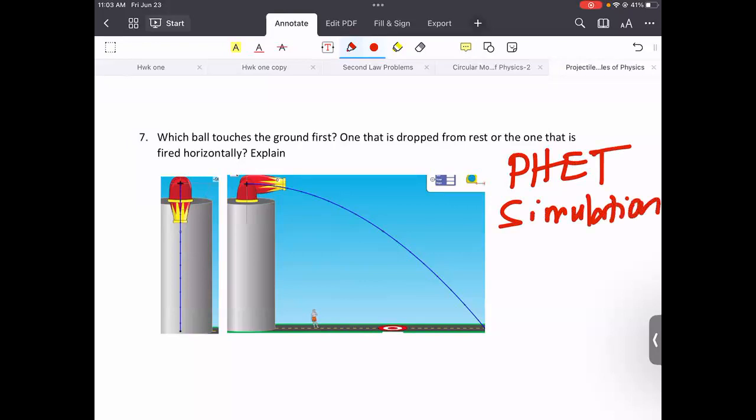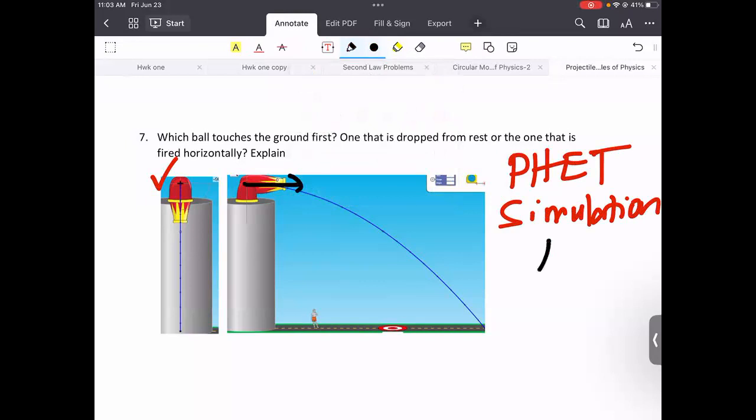You can Google it, and then you'll be able to try this experiment and see which ball touches the ground first. One is just dropped, and the other one is fired horizontally with a certain speed. Which one touches the ground first?